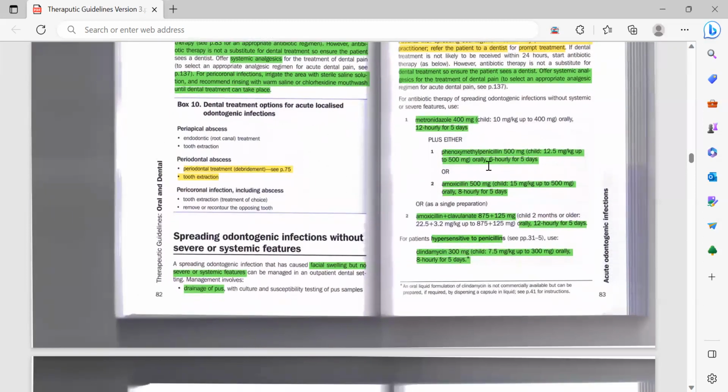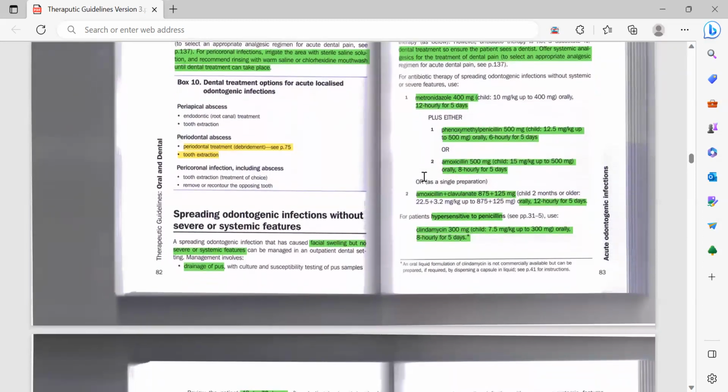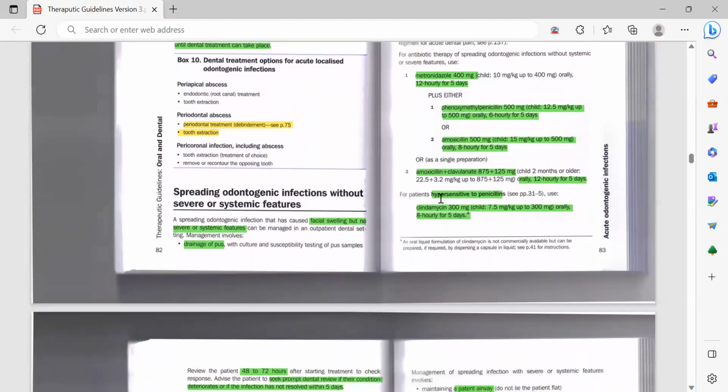You need to remember the doses. Or you can prescribe amoxicillin plus clavulanate. You can prescribe any of these. If the patient is sensitive to penicillin, then prescribe clindamycin 300 milligram orally, 8 hourly for 5 days.